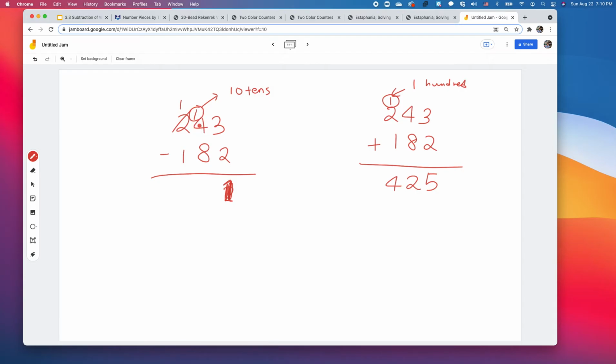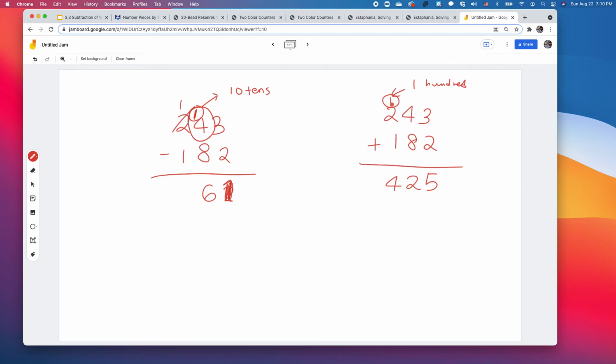Does it make sense? Okay, so 14 minus 8 is 6 tens, right? 6 tens, and 100 minus 100, 0. So it becomes 61. So you can see that this small one represents 10 tens. So this becomes 14.